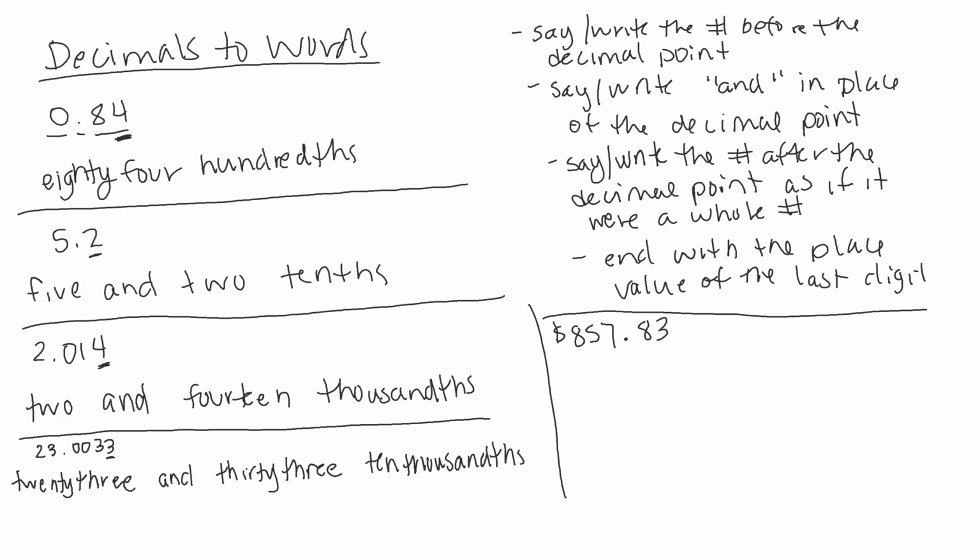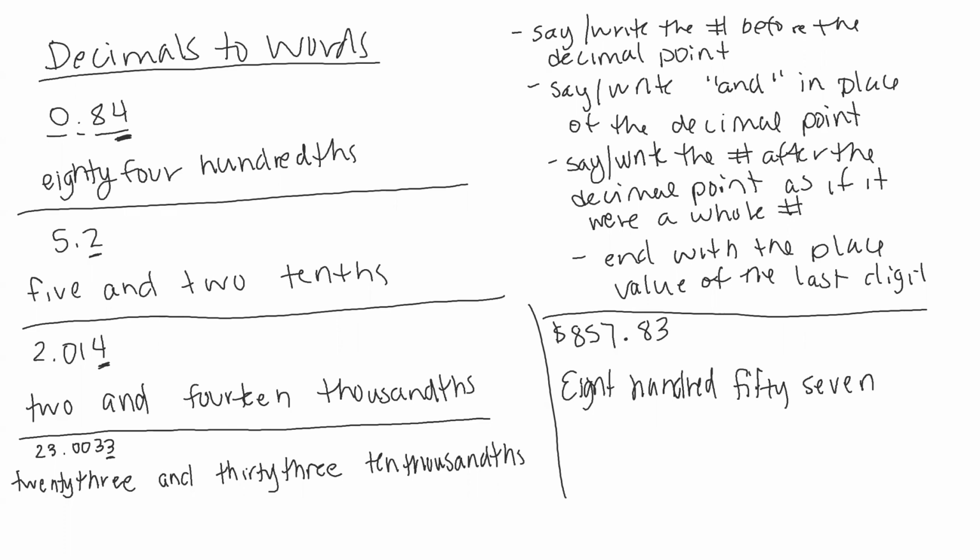Now, anything in front of the decimal, we call it dollars. Anything after the decimal, we call it cents. Most of us already know this, okay? So this would just be, well, 857.